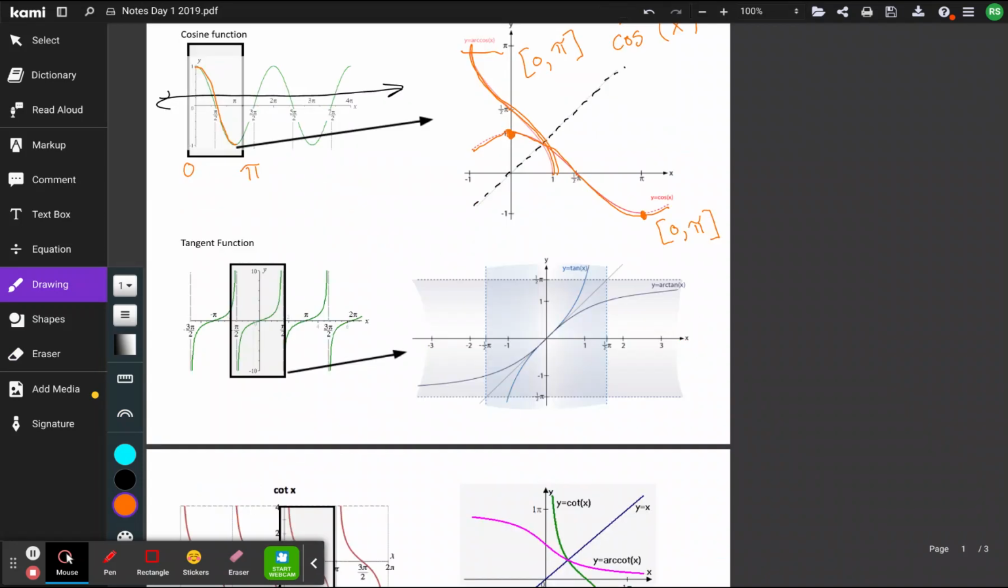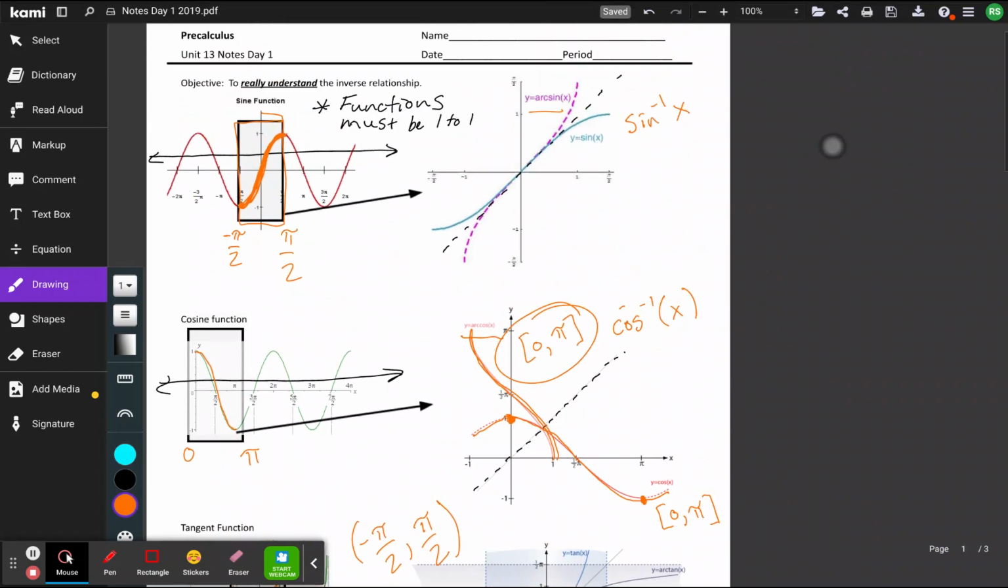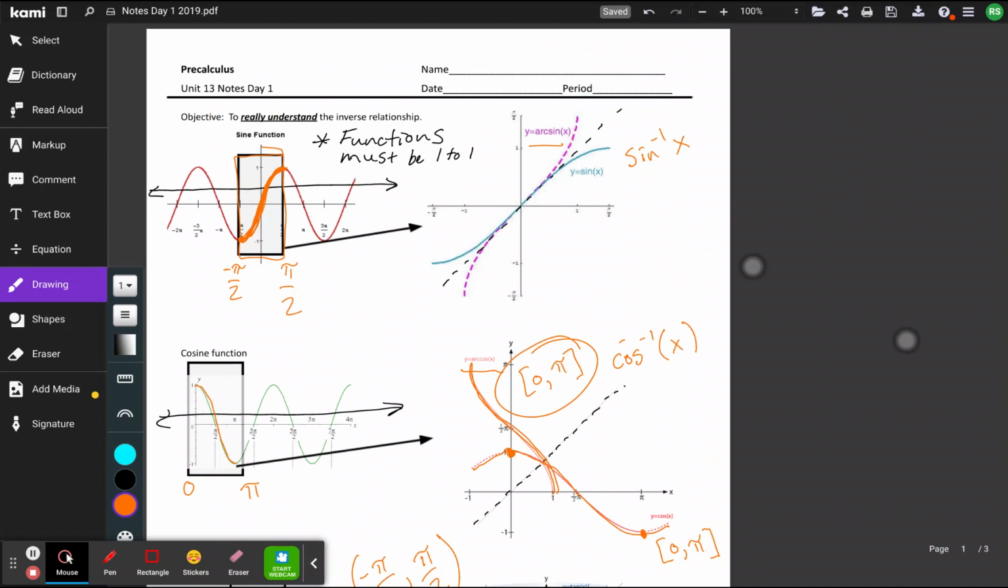So moving on to the tangent function, and I'm giving you the domain in which you will always be restricting it. Tangent, we're always going to restrict from negative pi over 2 to positive pi over 2. And we're going to have parentheses because we have vertical asymptotes there. Our cosine inverse function will always be restricted to 0 to pi. And then sine inverse or arc sine will always be negative pi over 2 to positive pi over 2.